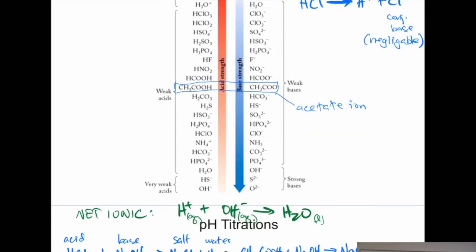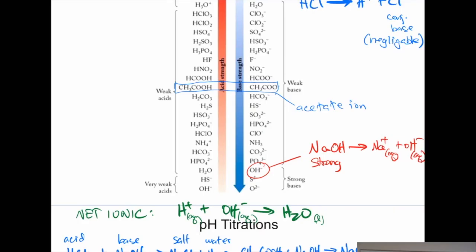The same argument goes down here for sodium hydroxide. Now, hydroxide is a strong base. Where did the sodium come from? The sodium came from the sodium hydroxide. So when we have this strong base, we form sodium ions and hydroxide ions. It's really the hydroxide ions that are actually the base.